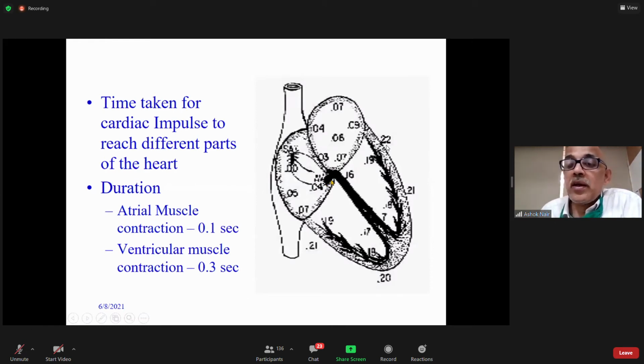During this time, the ventricular depolarization is completed. The impulse is rapidly conducted to the whole of the right and left ventricles in about 0.22 seconds. The ventricular muscle contraction will occur in about 0.3 seconds.